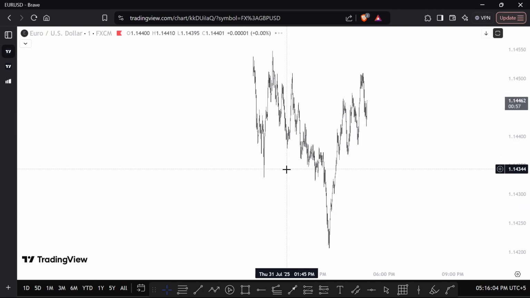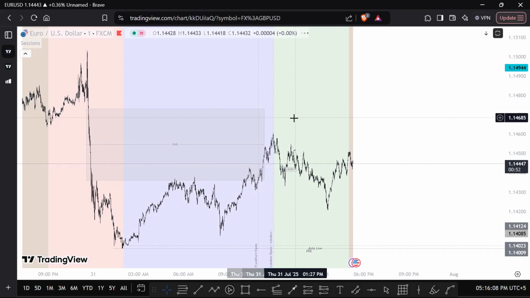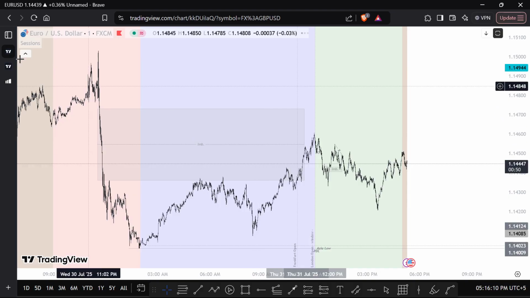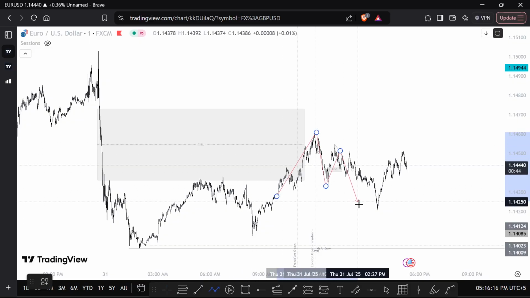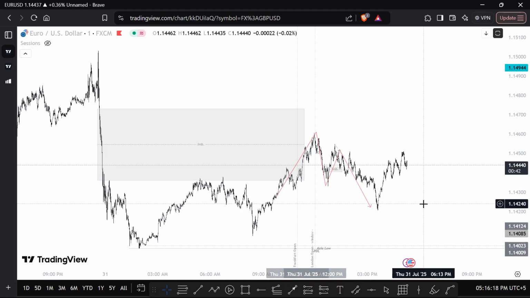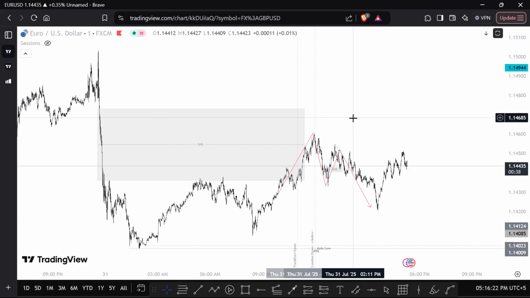So that's GU. And on EU we also have almost the same things as GU. So this was the H1 imbalance on EU, it filled the imbalance, and now we are bearish on EU. By the way, EU has started to be less bearish than GU. So EU is less bearish and GU is more bearish.